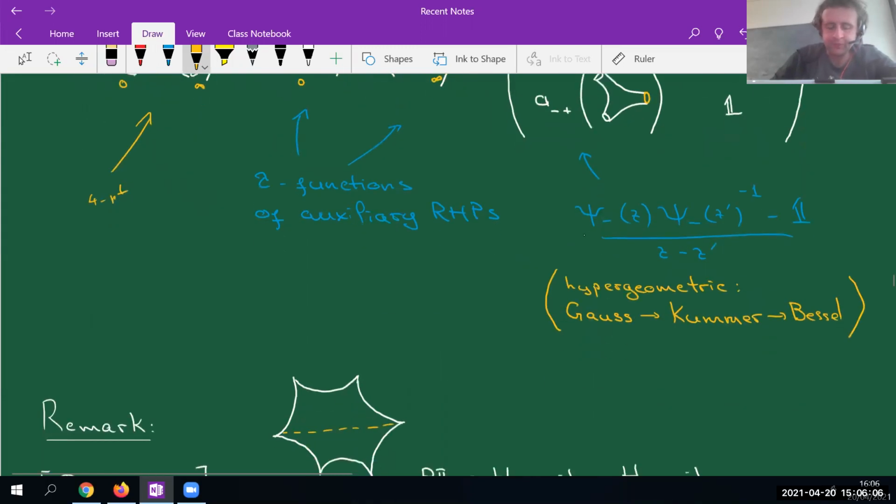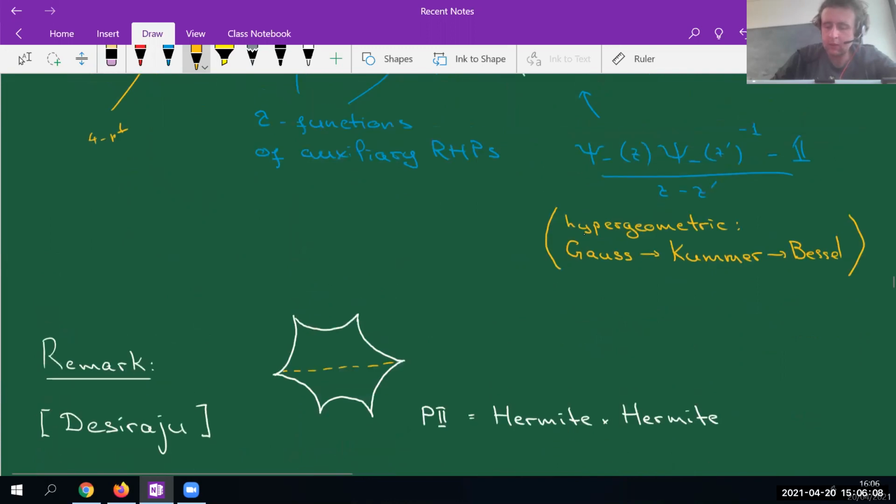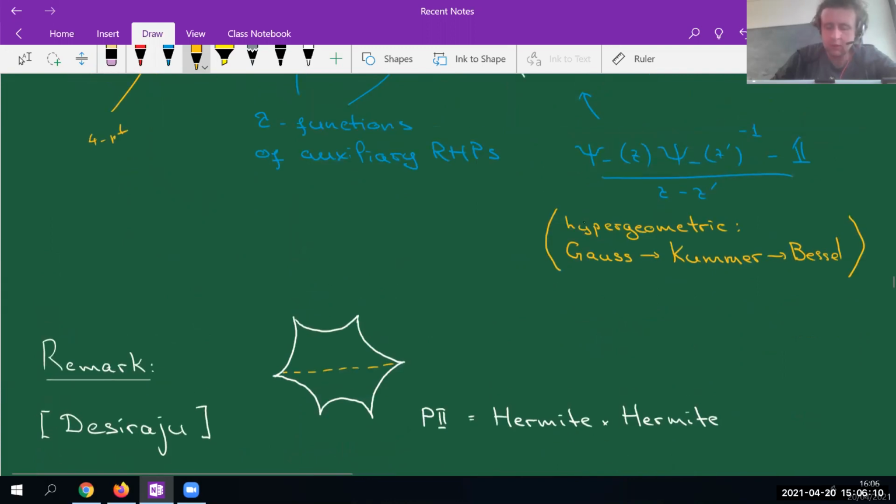Okay. Now, there was a recent interesting work by Harini Desiraju, who has managed to implement a similar ideology in the case of Painlevé 2.